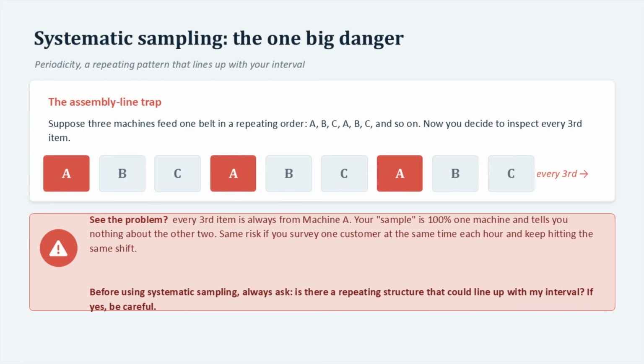The issue is that the sampling interval can interact with a hidden repeating pattern. So before using systematic sampling, always ask yourself, is there some repeating structure in this population that could line up with my interval? If the answer is yes, be careful. Because in that situation, systematic sampling can give you a very misleading sample.